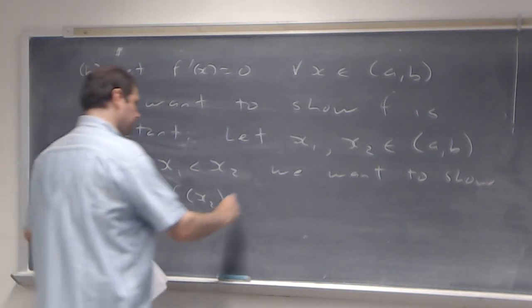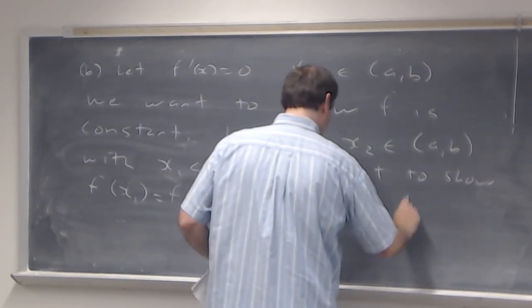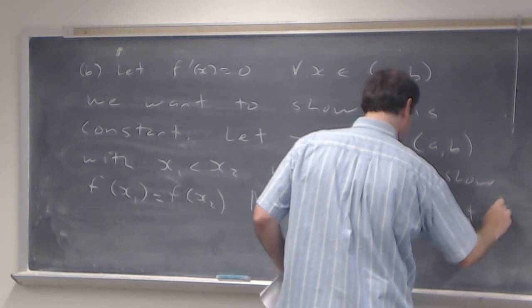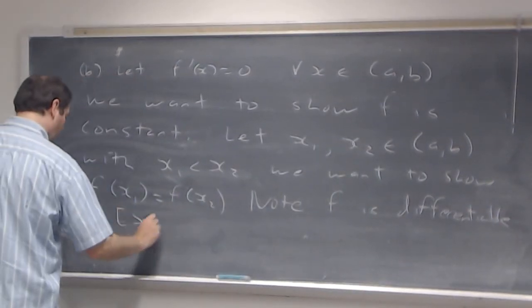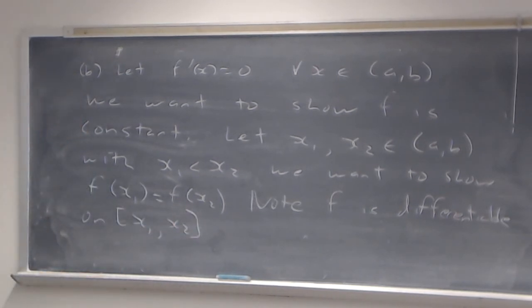Now, again, note f is differentiable on x of 1 to x of 2 closed. And that's going to imply that f satisfies the conditions of the mean value theorem on the closed interval from x of 1 to x of 2, just like what we said before.